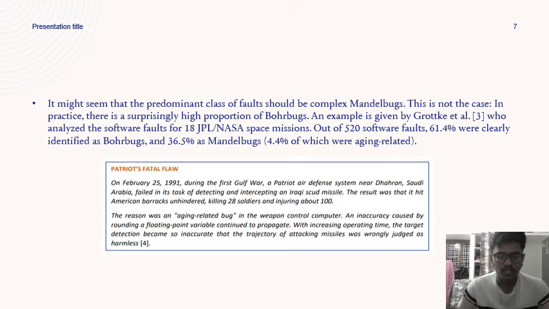The reason was an aging-related bug in the weapon control computer, an inaccuracy caused by rounding. A floating point variable continued to propagate. With increasing operating time, the target detection became so inaccurate that the trajectory of attacking missiles was wrongly judged as harmless.